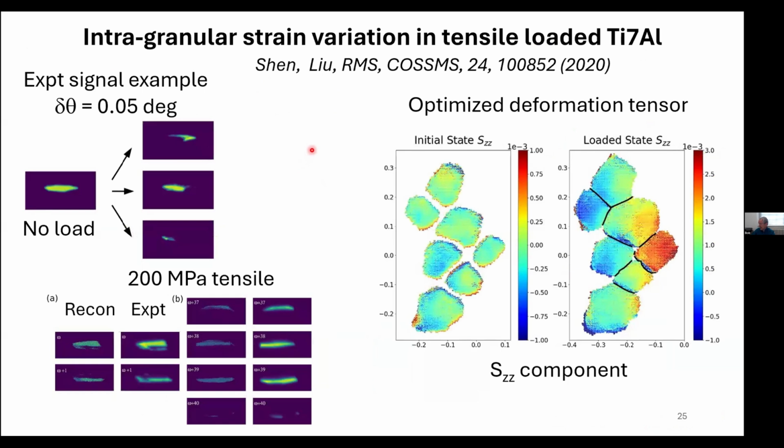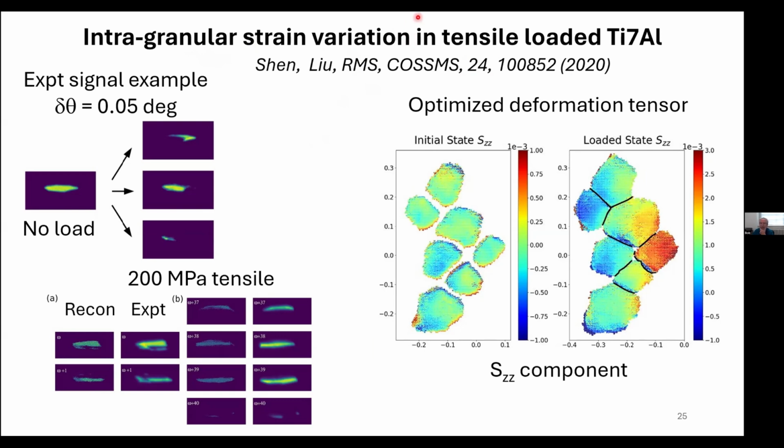Last thing I'll hit you with is something where we have a proof of principle of this sensitivity to intragranular strain variation. As you strain the grains, the unit cell gets deformed, and that will move the diffraction in reciprocal space.